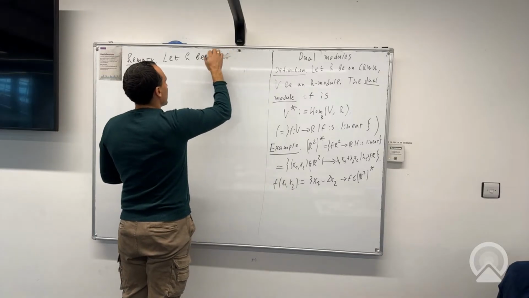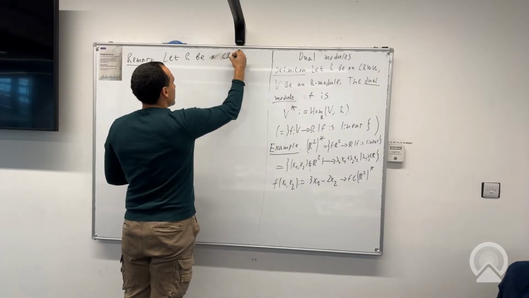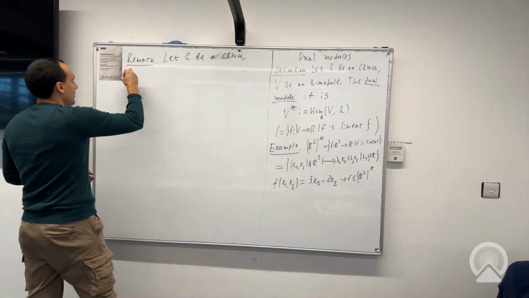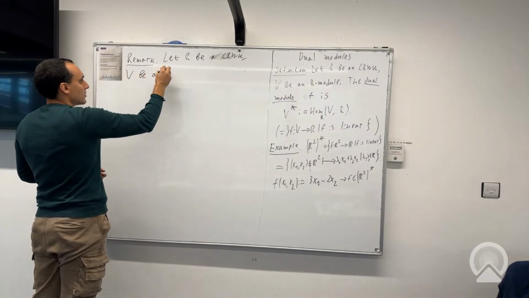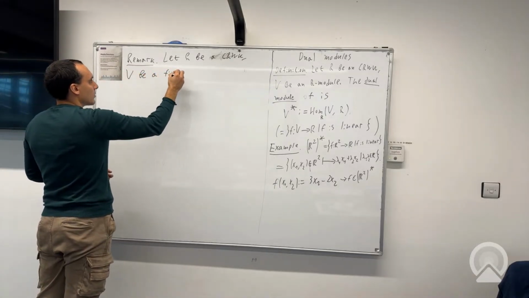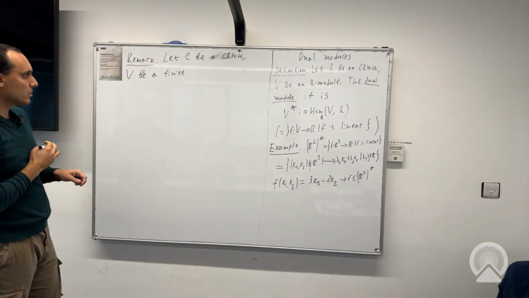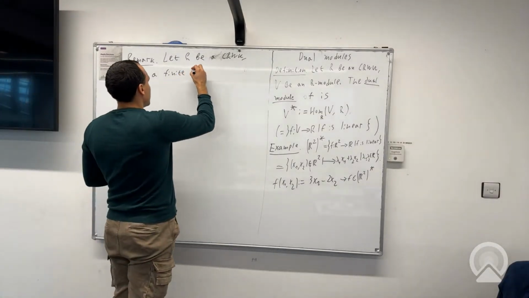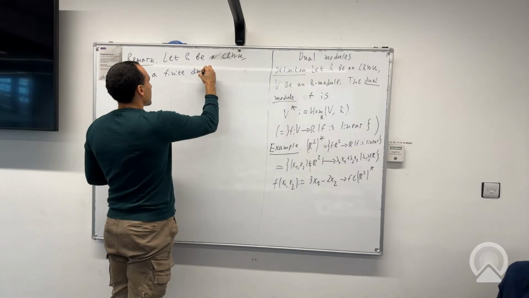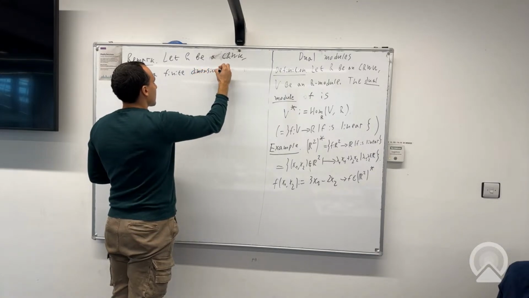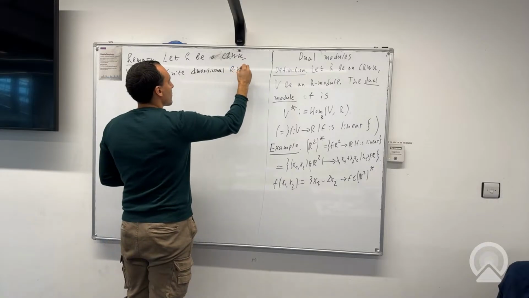Sorry, R a commutative ring with unity, and V be a finite dimensional R module. If it doesn't have a basis or it's infinite dimensional, this will not work.